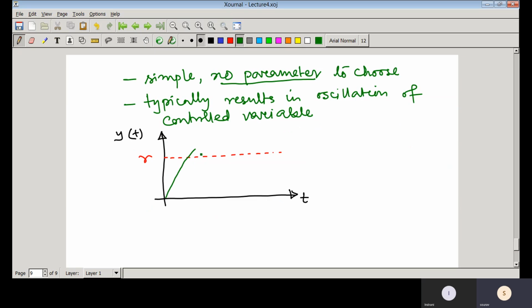Whenever it is off, then immediately it starts falling down, and when y crosses r again, that means error is positive, then again it is on. So like this, the output will have some oscillation because of the on-off structure of that controller.